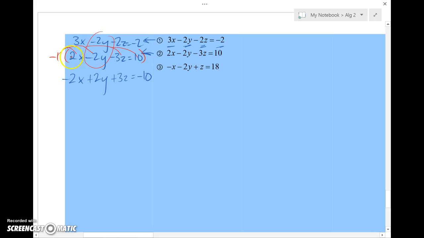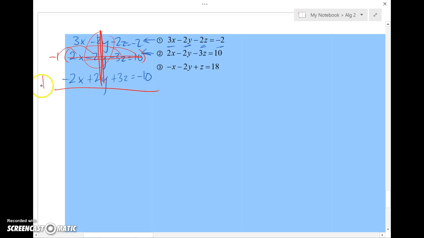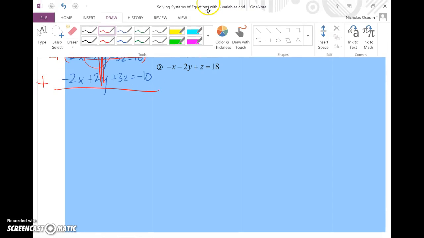Okay, so now I'm going to cross out this equation because we're not using that old one anymore, because we just made the second equation into a new one so that we can eliminate those variables. So again, the 2y and the negative 2y cancel out because they're opposites. Now we're going to add everything else together.